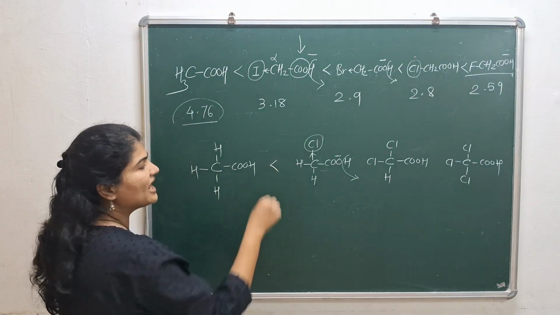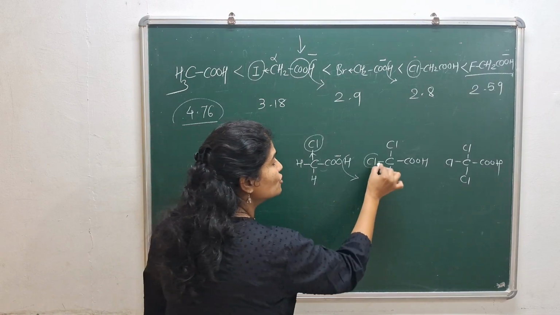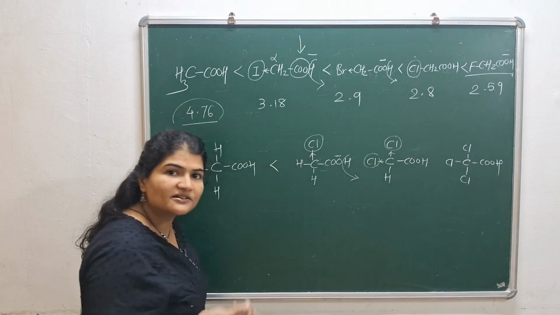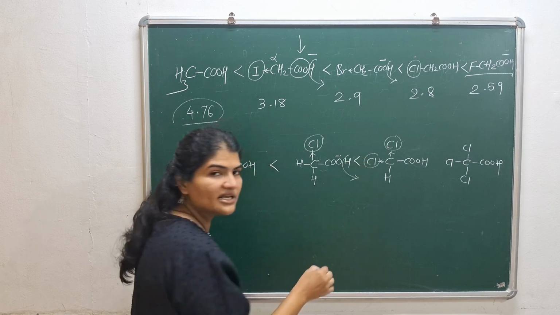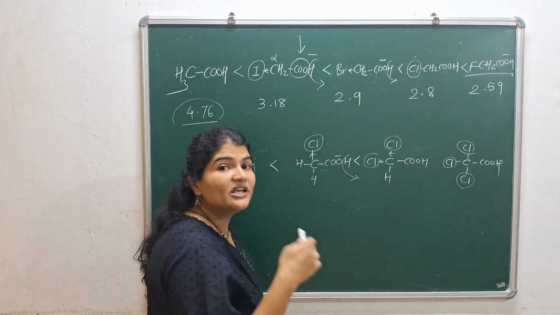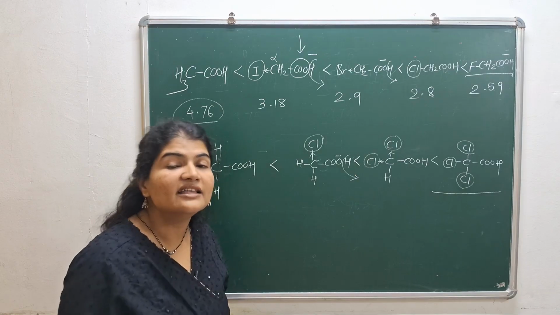So this is going to be more acidic than acetic acid. As there are two chlorine atoms, both pull the electrons towards them, so it will be even more acidic. And with three chlorine atoms, it is going to be highly acidic. Trichloroacetic acid is highly acidic.